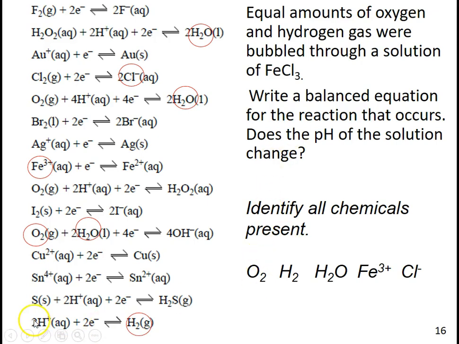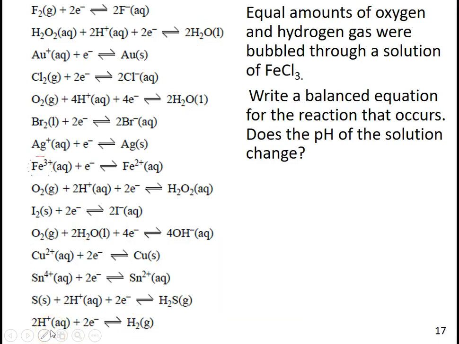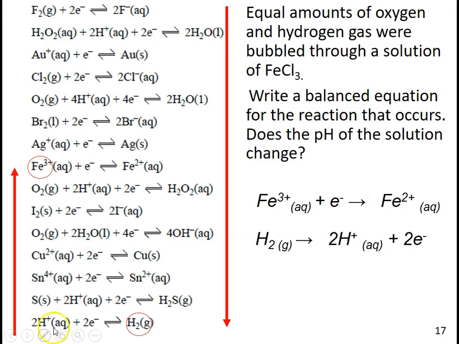So if we look, strongest oxidizing agent appears at the moment to be iron 3+, and the strongest reducing agent is the hydrogen. So the iron 3+ is going to get electrons from the hydrogen and turn into iron 2+, and the hydrogen is going to oxidize and produce hydrogen ions. So if we write them out, remember to pick this up, turn it around.